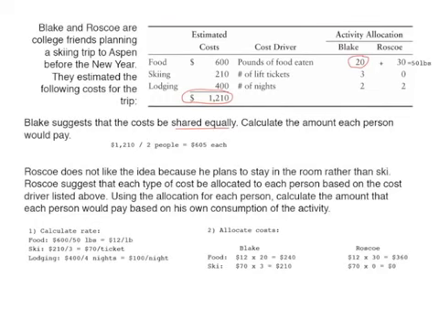And our last activity is lodging. We determined that our lodging rate was $100 per night. And if you look back up at our spreadsheet information, each person is going to stay 2 nights. So each person will cover $200 in lodging costs.